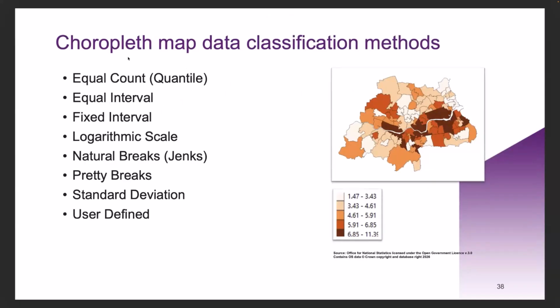Each of these is a different choropleth map classification method. So that equal interval one I showed, and there's a whole bunch of different ones. They basically control how those buckets are formed and how the data is applied to them, simplifying the range of values in order to make the data more usable.